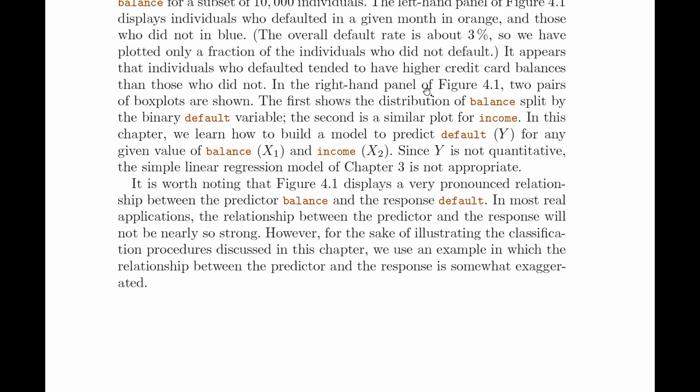In the right-hand panel of figure 4.1, two pairs of box plots are shown. The first shows the distribution of balance split by the binary default variable. The second is a similar plot for income. In this chapter, we learn how to build a model to predict default y for any given value of balance x1 and income x2.